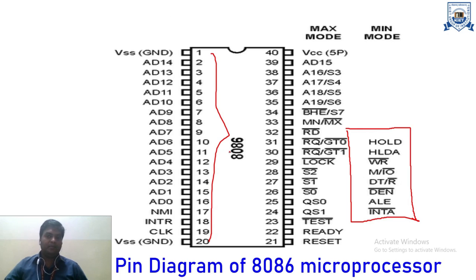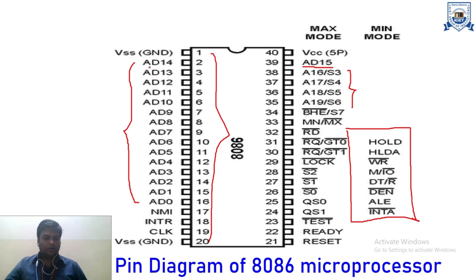Pins 2 to 16 are the address lines, which are multiplexed, meaning they contain address as well as data information. Pin 39 is also multiplexed with address and data, while the remaining 4 bits are multiplexed with the status bits.